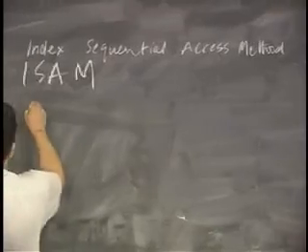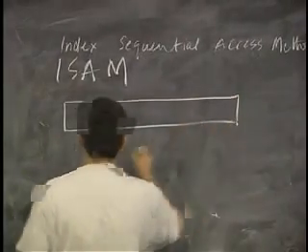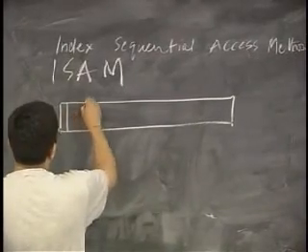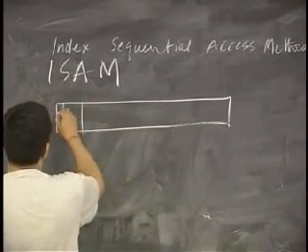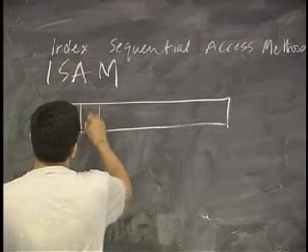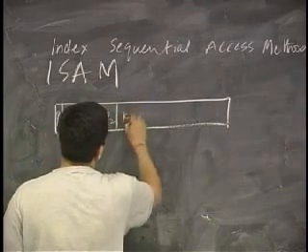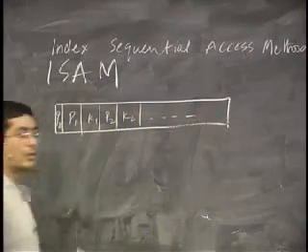So ideally an index would be, there will be a pointer P0, then there will be P1, K1, P2, K2, and going on.